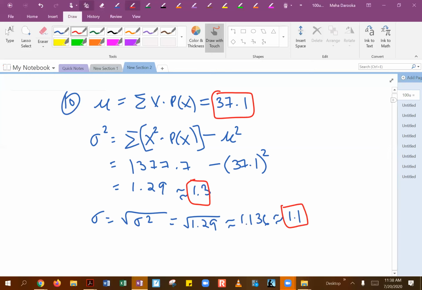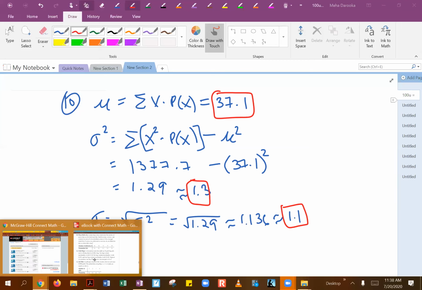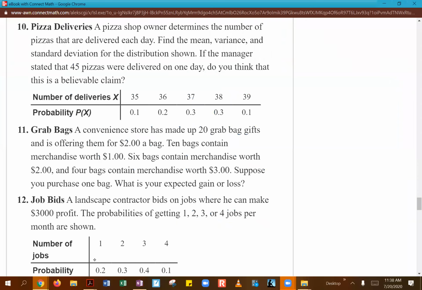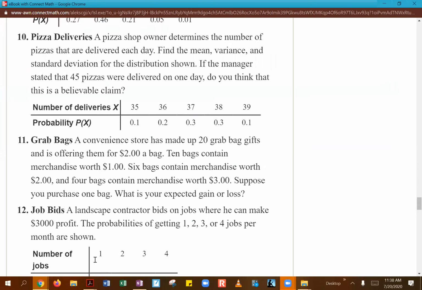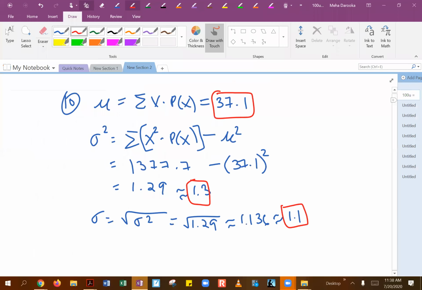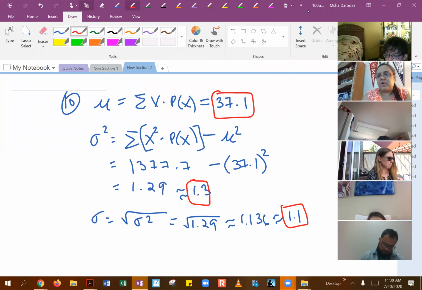All right, so this was finding our mean, variance, and standard deviation. Now, the question they are asking us: if the manager stated that 45 pizzas were delivered on one day, do you think that is a believable claim? So looking at our mean of 37.1 and our standard deviation of 1.1, what do you guys think about those 45 pizzas in one day?